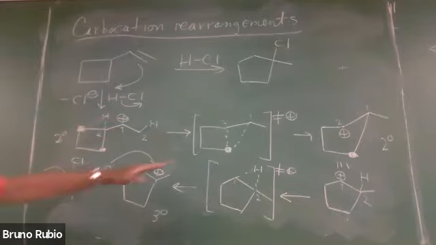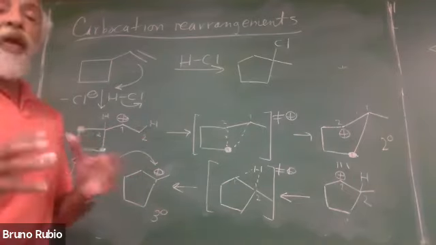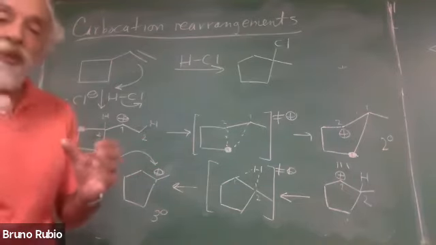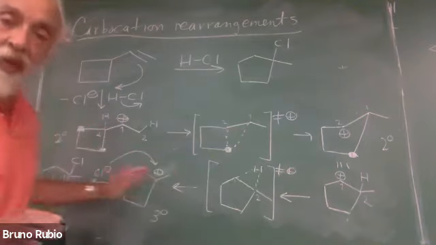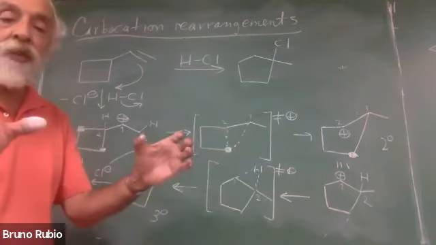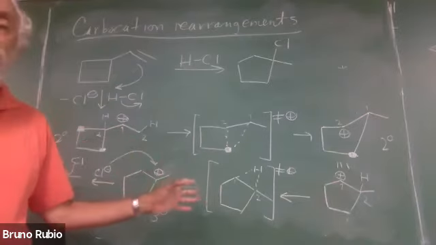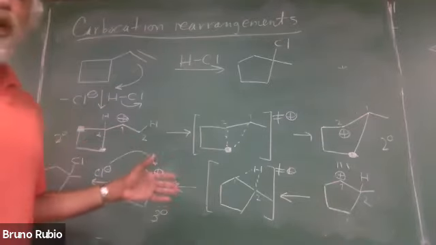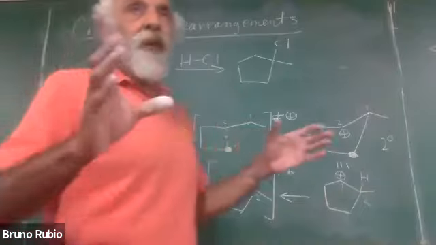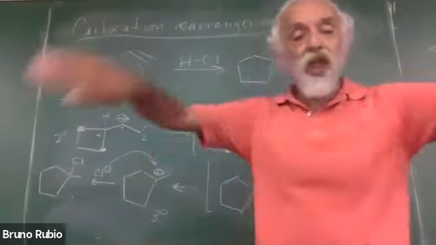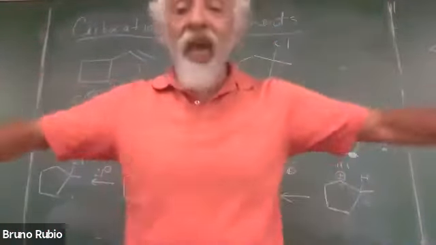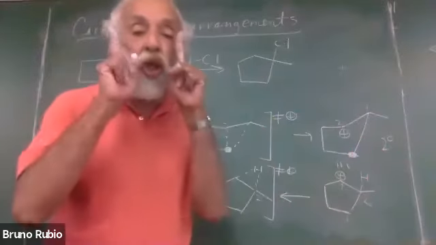The carbocation rearrangement is much faster than the rate at which positive charge can find negative charge in solution, right? Because the positive and the negative, they have to swim around in the solution. They have to find each other. That's called diffusion.